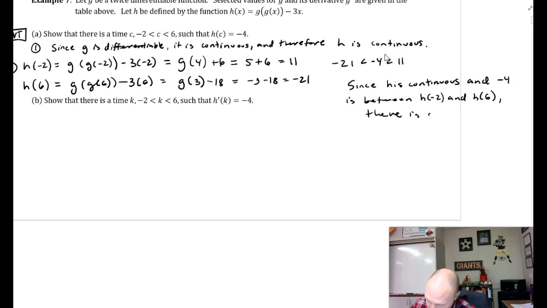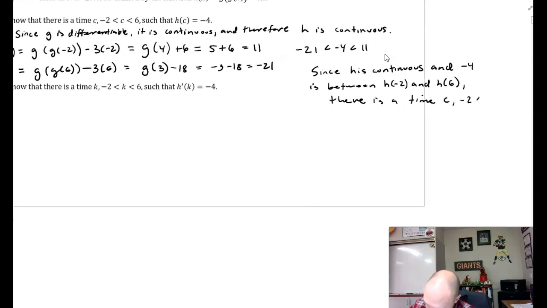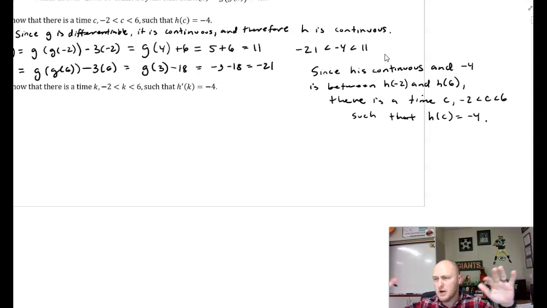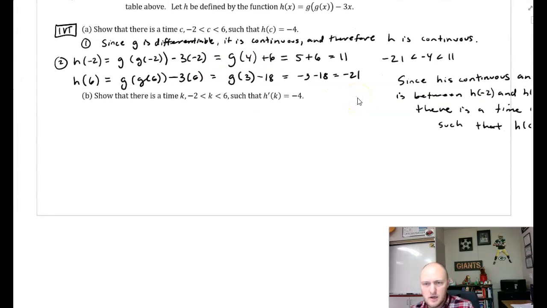There is a c for -2 less than c less than 6, such that h of c equals -4. That's the intermediate value theorem. I don't state the intermediate value theorem because if you misstate what it is, you're going to lose the point. But that's what we're applying. We're applying the IVT there.